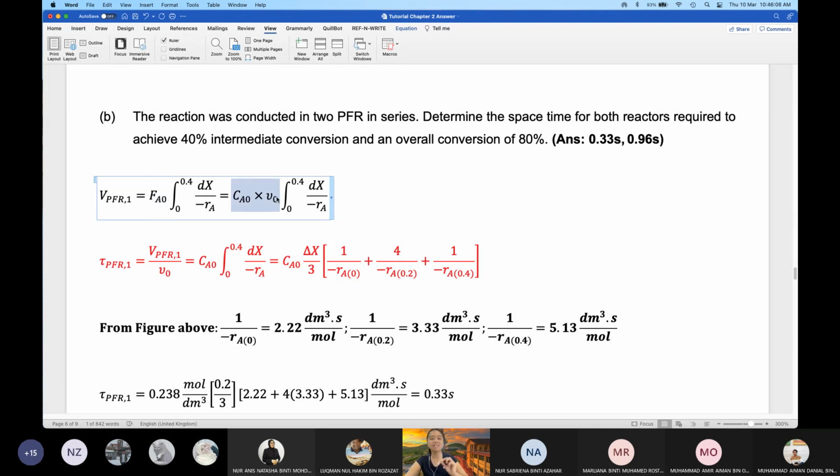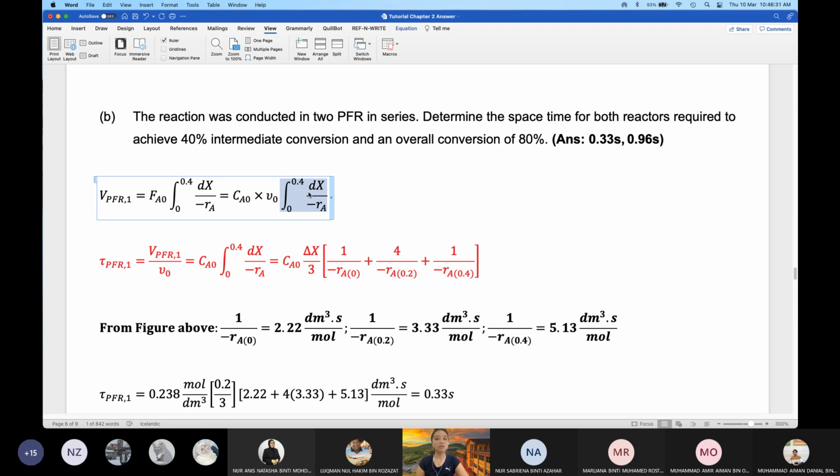Part ni kamu kena faham sikit. Kamu ingat, FA0 tu boleh juga kita put it in the form of CA0 multiply with V0. So when I do that, it becomes CA0 V0, integral part masih sama, 0 to 0.4 dX per minus rA.